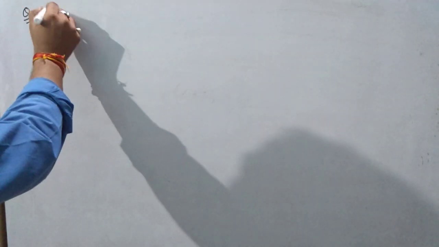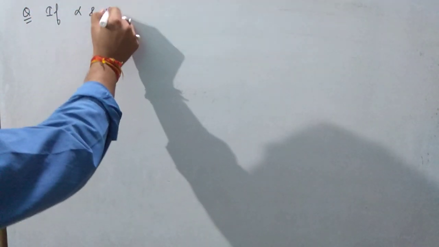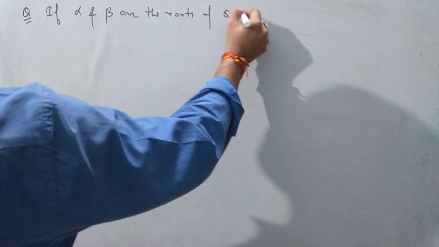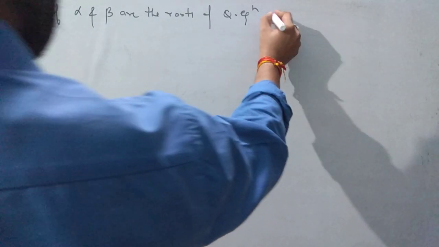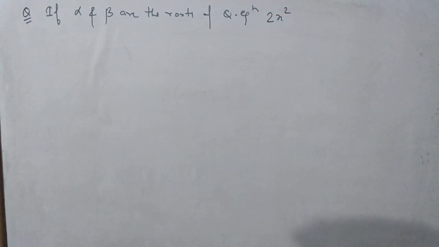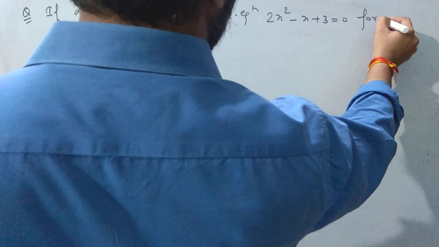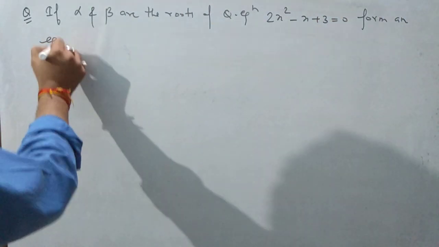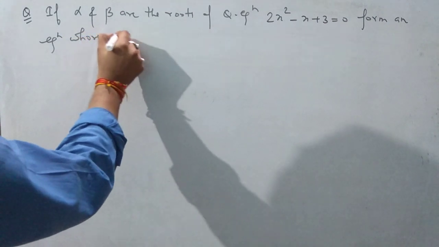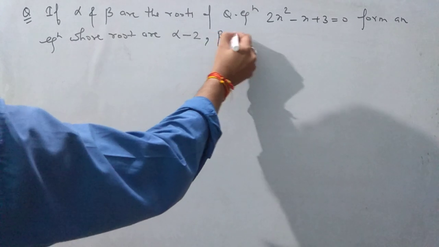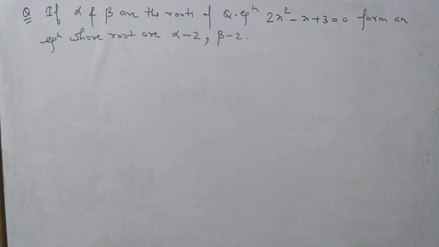The question is: if alpha and beta are the roots of the quadratic equation 2x square minus x plus 3 equal to 0, form an equation whose roots are alpha minus 2 and beta minus 2. Now we want an equation whose roots are alpha minus 2 and beta minus 2.